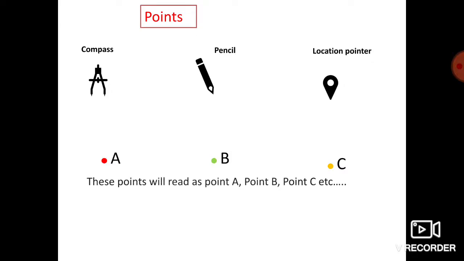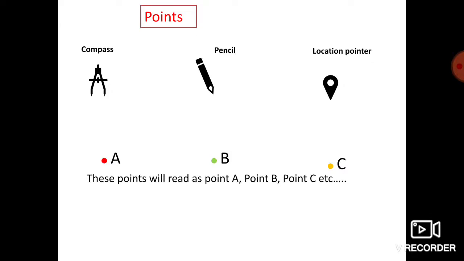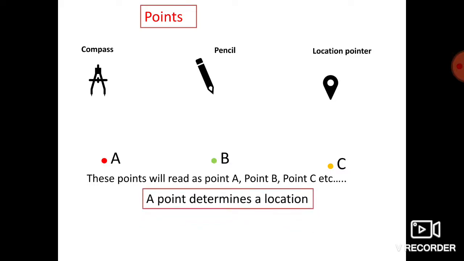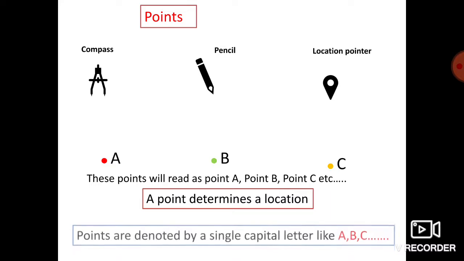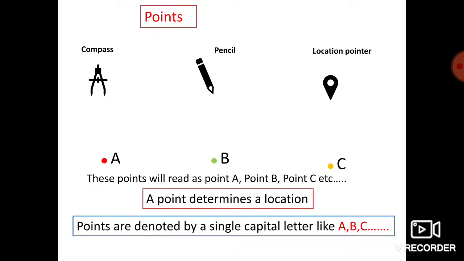These points will be read as point A, point B, point C, etc. A point determines a correct location. Points are denoted by a single capital letter like A, B, C, D, etc. In the English alphabet, capital letters are used for marking points.